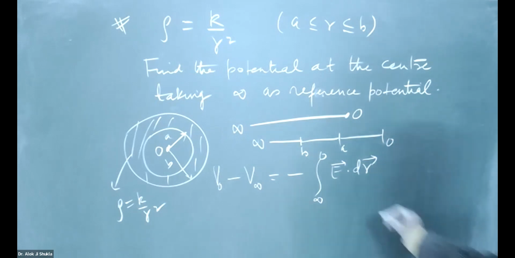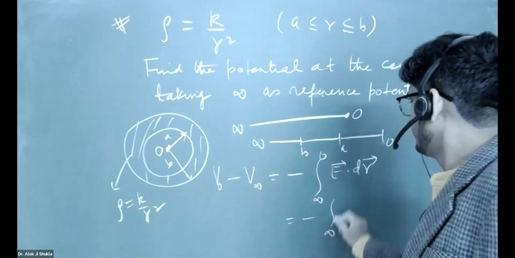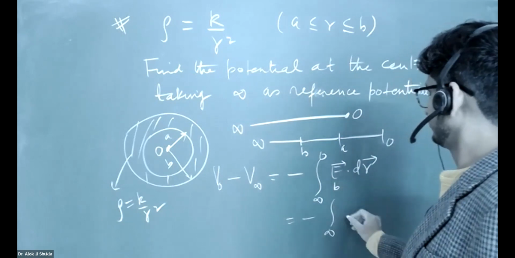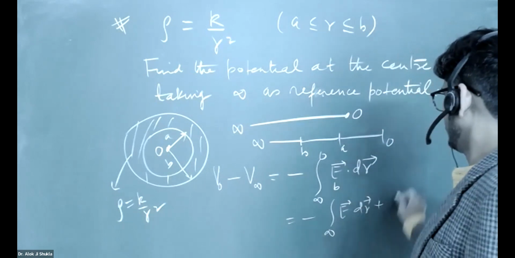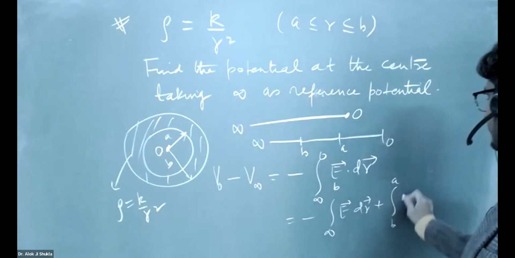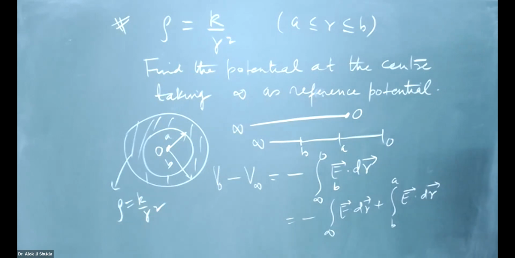So it will be minus integral infinity to B E dot dr plus B to A E dot dr. Right? Yes, sir.